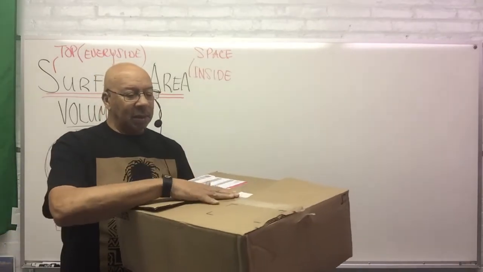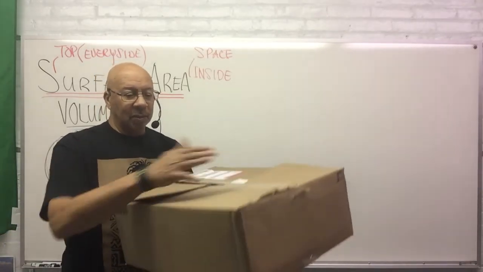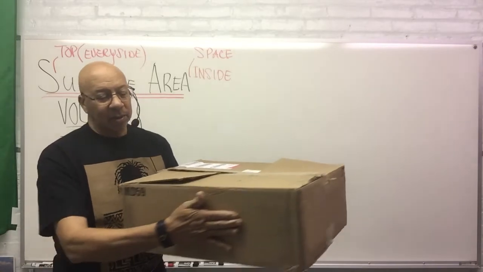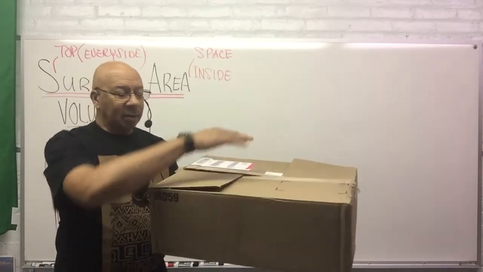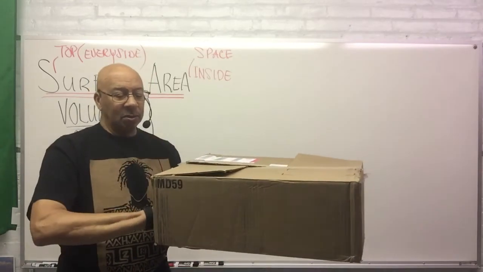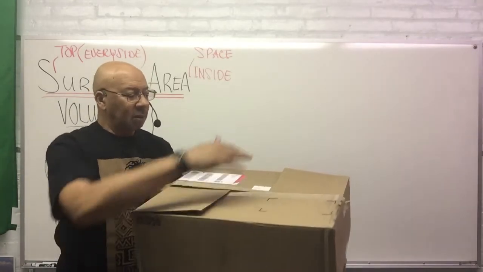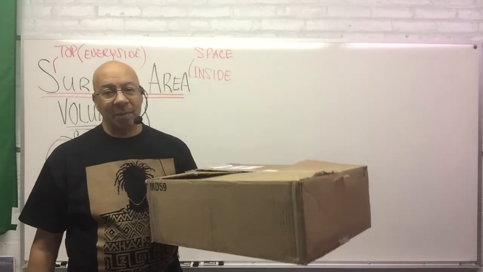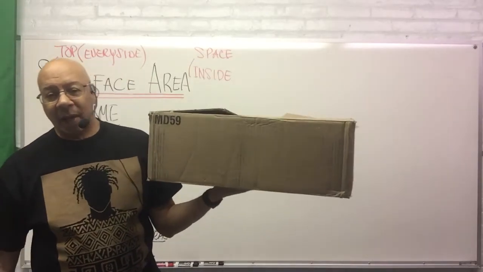So we have how many sides? One on the top, one on the bottom, and they're the same. One that you would call the front right here, the back, and the two ends. So we have 1, 2, 3, 4, 5, 6 sides. So we have 6 sides.